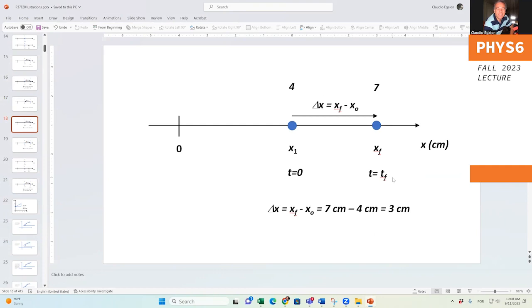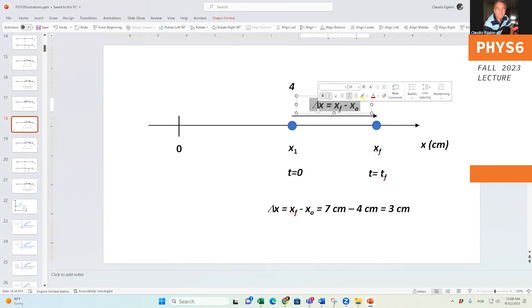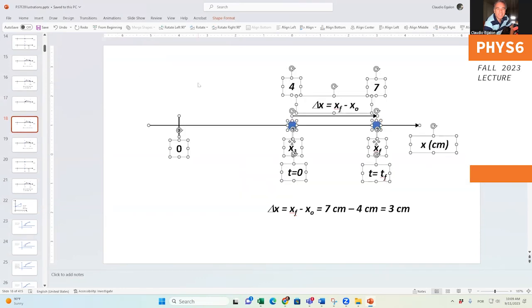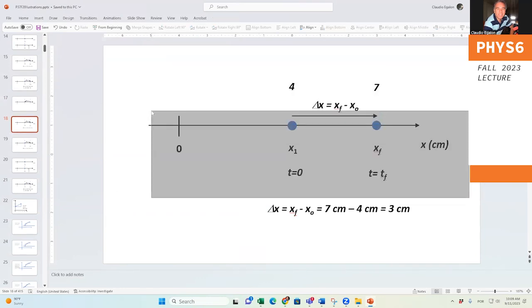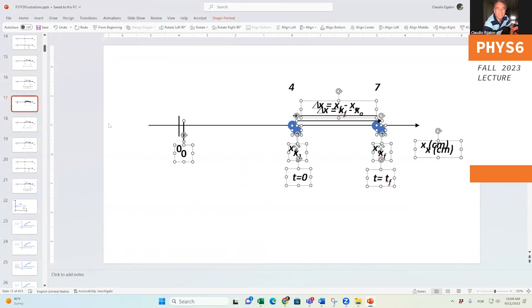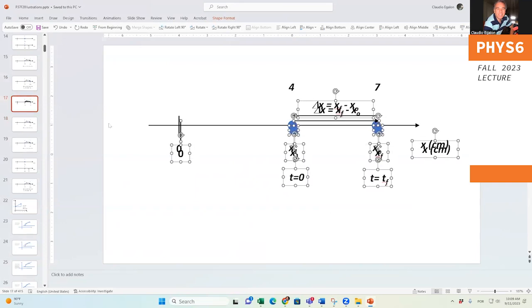According to the specific definition of displacement, okay, and I'm going to erase this thing here. And I'm going to even do better than that. I'm going to put everything in a single graph, in a single slide. Like that.